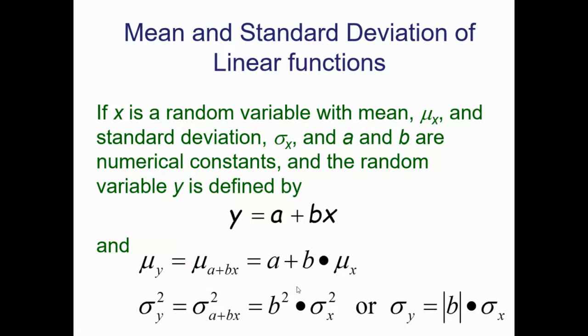Then for the new mean of y, we simply plug in the mean of x in place of x. So those are our formulas to write down on page 9. The mean of y is equal to a plus b times the mean of x.